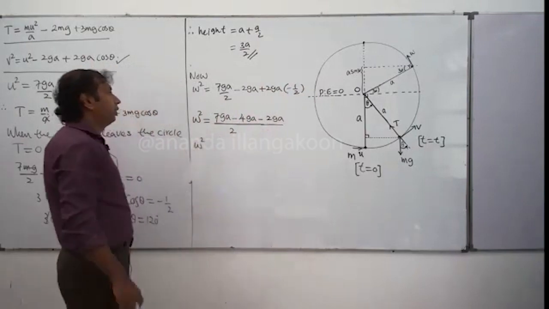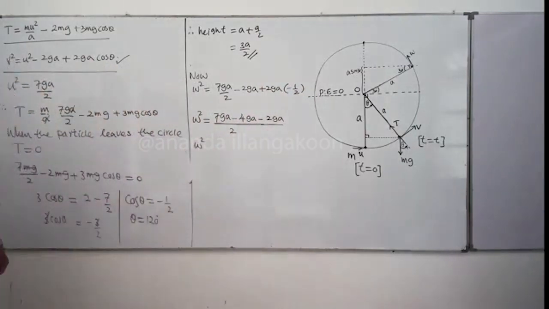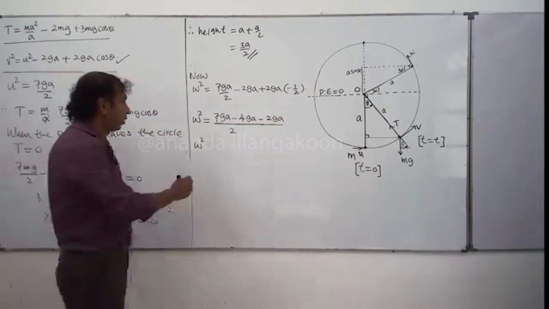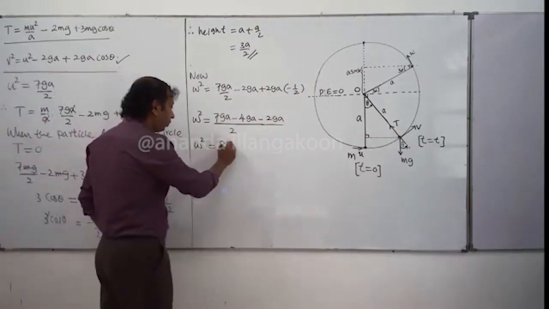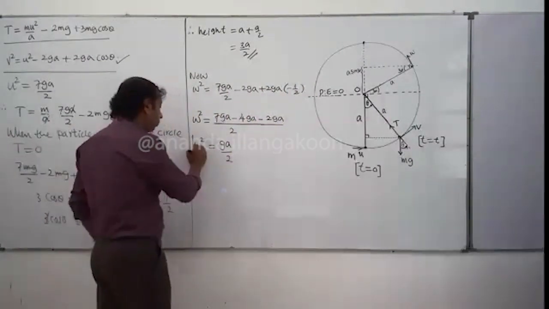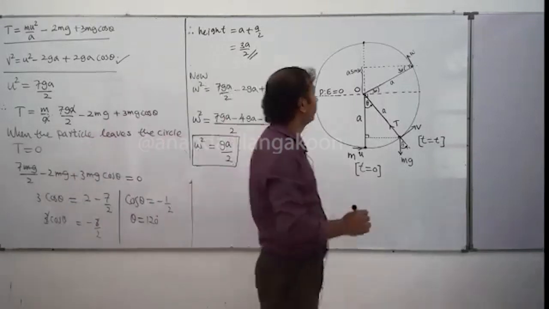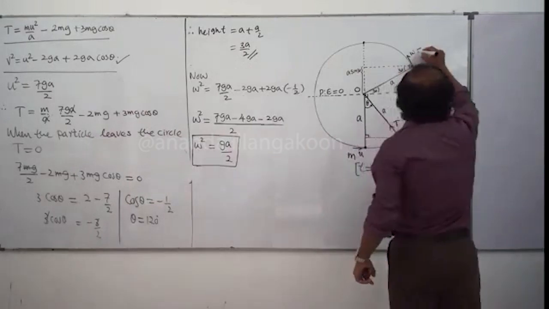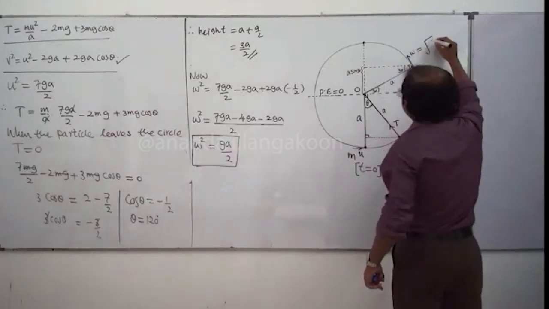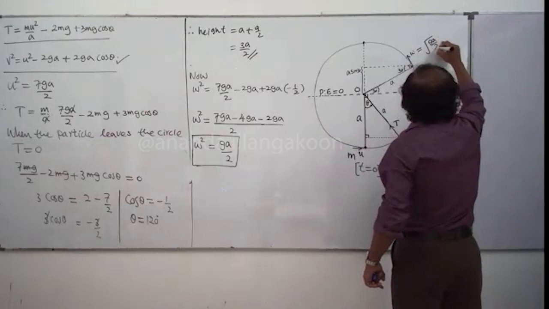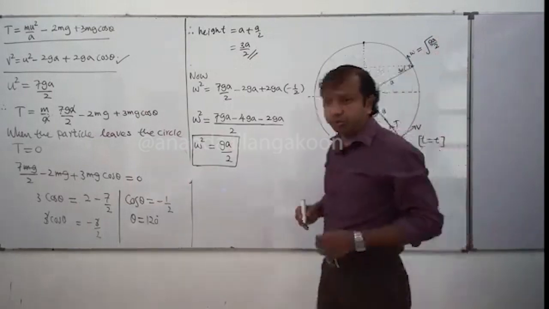Then we get GA by 2. This is the W. W is root GA by 2. With this velocity only the particle begins to move.